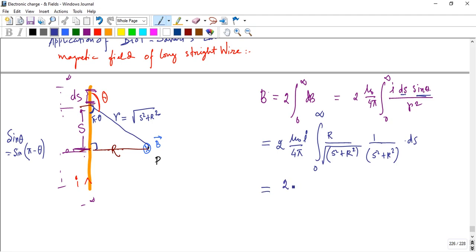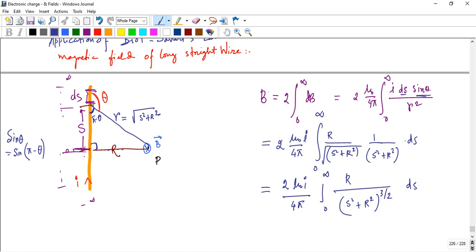So the final expression now we get is 2 mu 0 times I by 4 pi, integral from 0 to infinity of R upon (a square plus r square) to the power 3 by 2, ds.